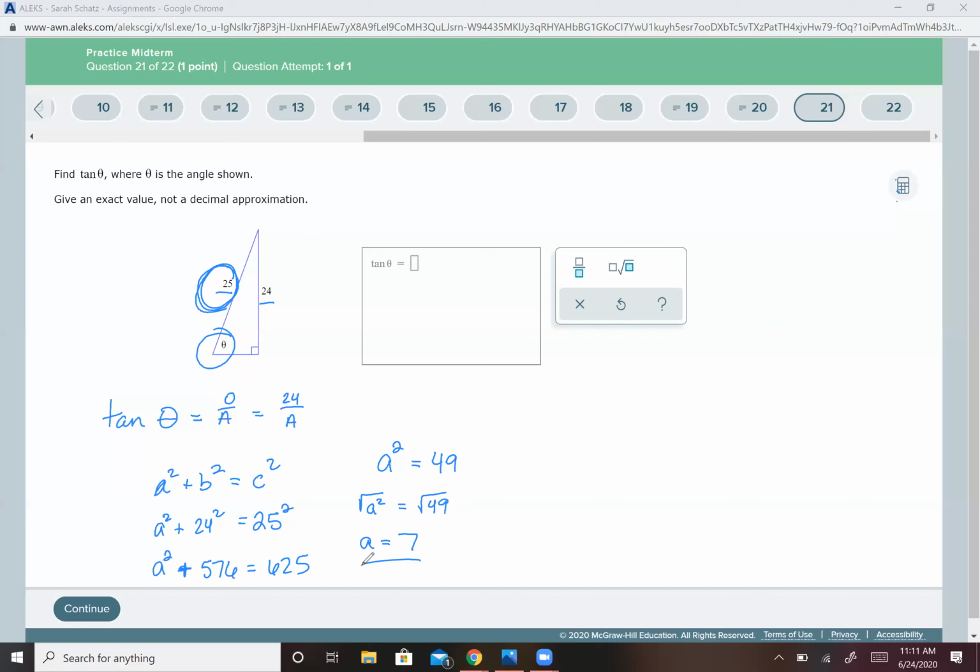So you get A is 7. So here we are at 7. Now you should be able to find the tangent pretty easy. It must be 24 over 7. And it says exact value, so you would write it as a fraction. All right, next.